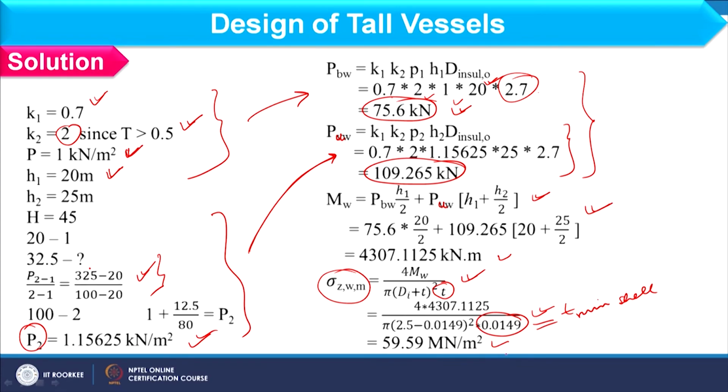If the minimum thickness is able to satisfy the design conditions, it means the standard thickness can also sustain. Okay. So, all stresses we are considering based on the minimum thickness of the shell, fine. So, here sigma_ZWM we can obtain as 59.59 mega Newton per meter square.